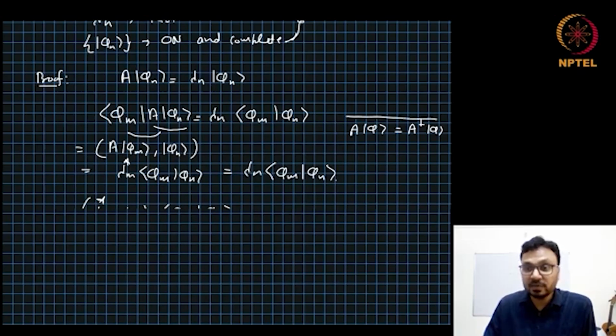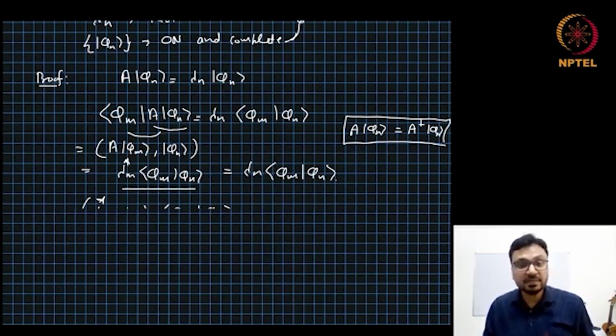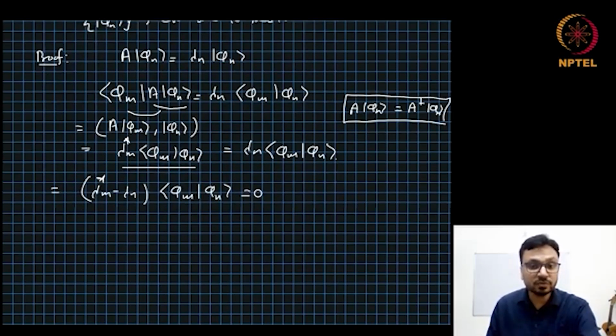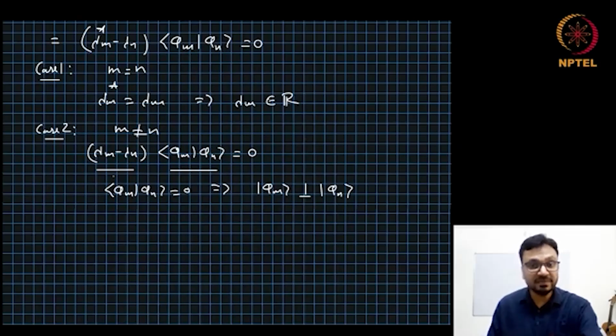It means A dagger equals A, that is the definition. So this is where we have used it, and we could arrive at this equation. Of course, we are not assuming from the beginning that the eigenvalues are real. So we have taken the complex conjugate, and ultimately we proved the whole claim.